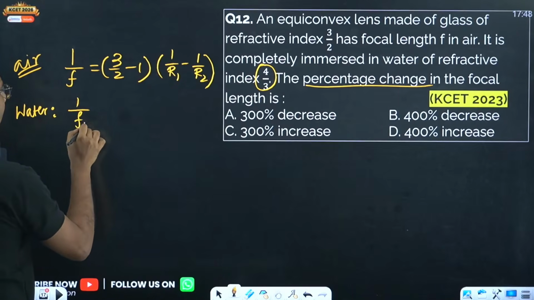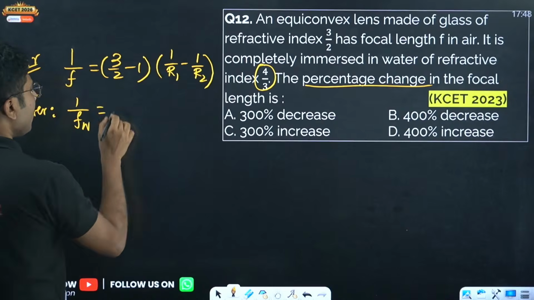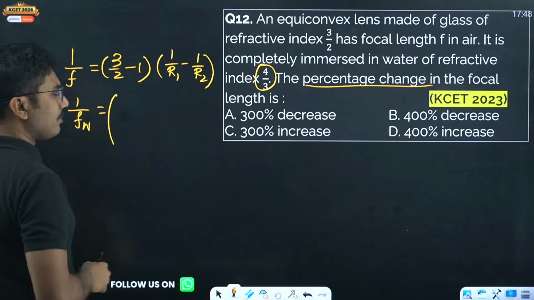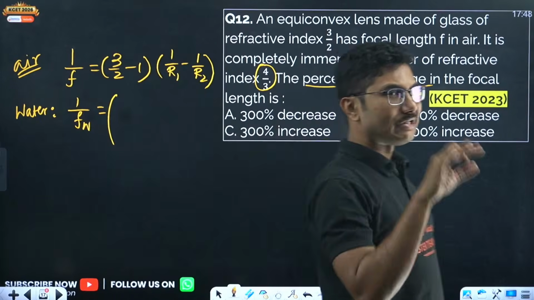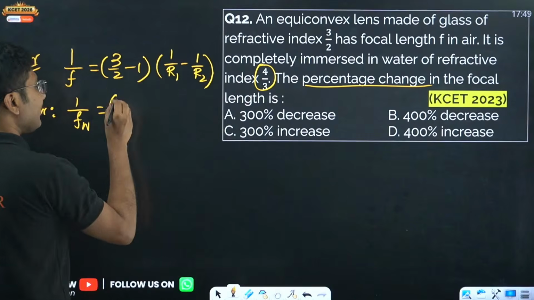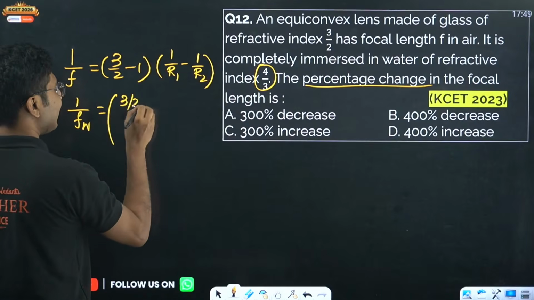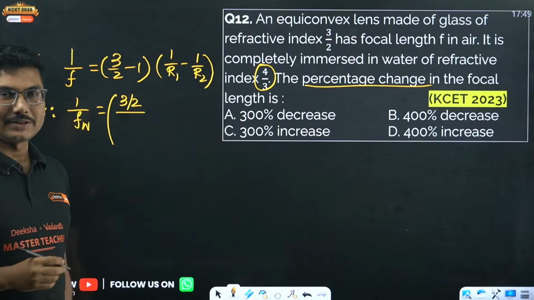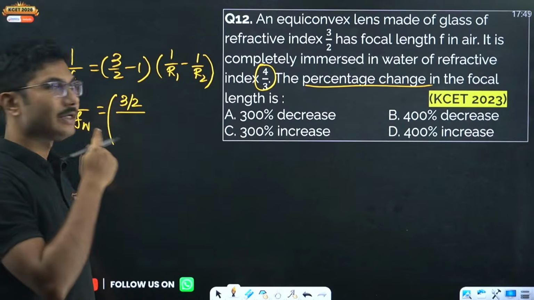1 by f water equals to, now here remember that when you insert the lens into a medium, the relative refractive index changes. Nothing else changes, only relative refractive index changes. What is relative refractive index?